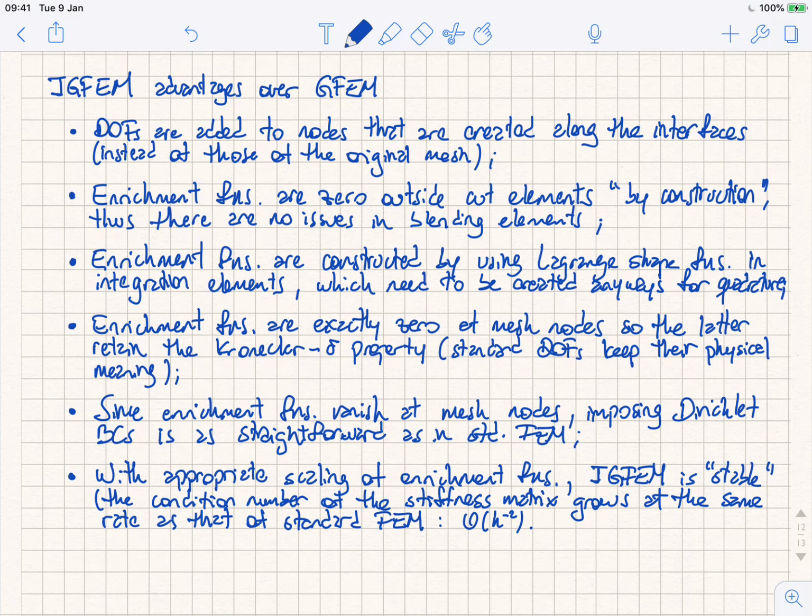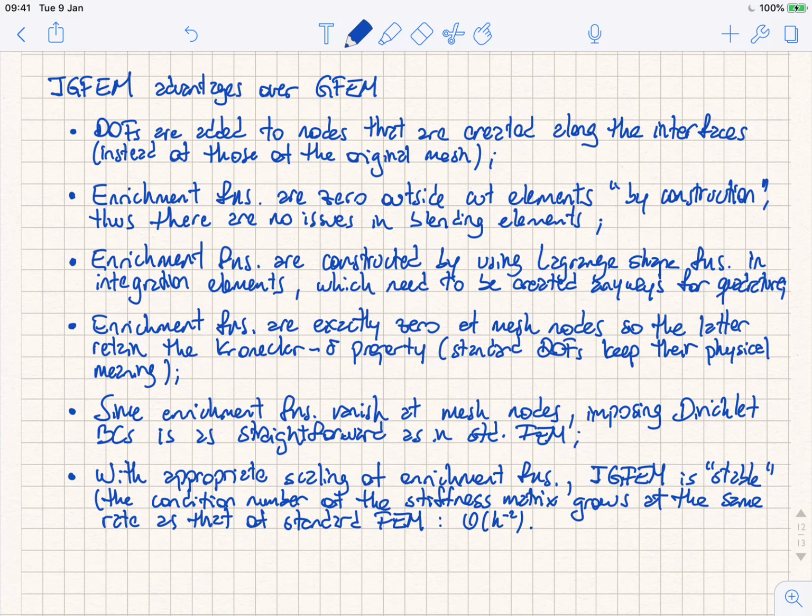If you have, let's say, a problem with a steep gradient, then you can add an exponential function, and the GFEM framework allows you to do this sort of thing. IGFEM is in many ways a simpler formulation, but it only works for weak discontinuities, right? So that is the niche of application.